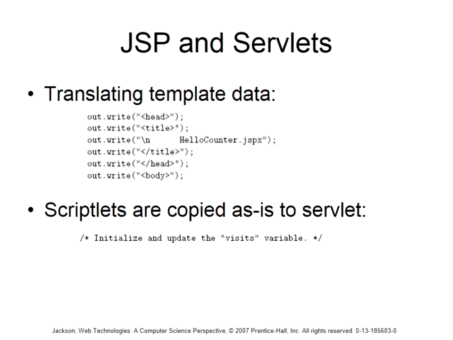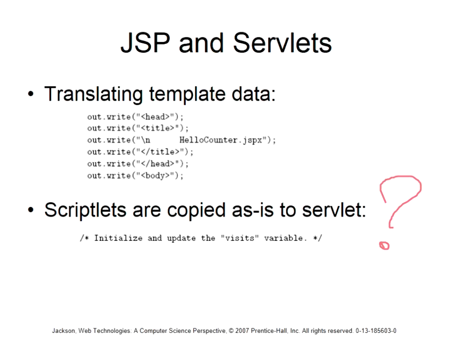And here we discuss together this translation, how Apache Tomcat translates this GSP to the servlet. But it is done automatically by the server. Now, scriptlets are copied as is to the servlet.